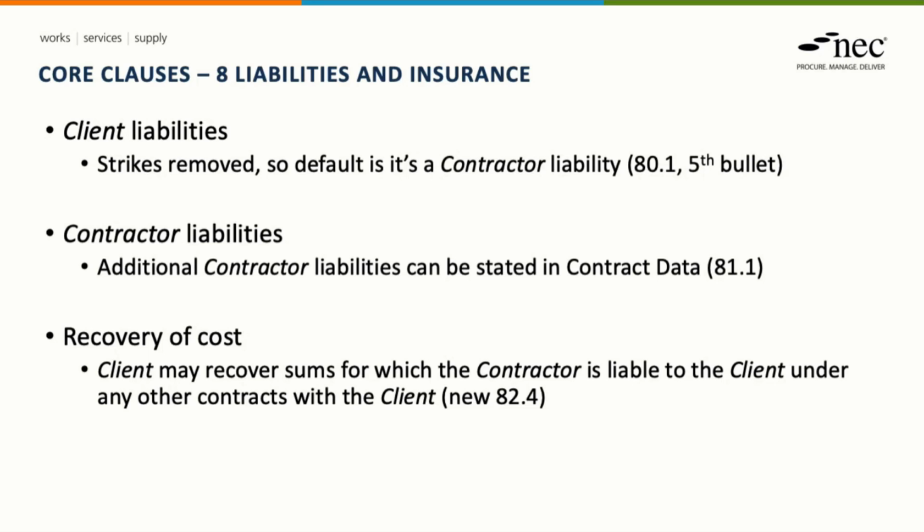In terms of recovery of cost, so this is clause 82, we have a new clause that allows the client to recover sums from the contractor where the contractor is liable to the client under other contracts with the same client.